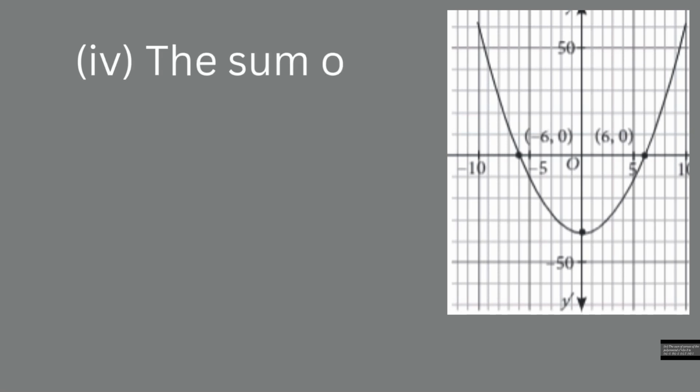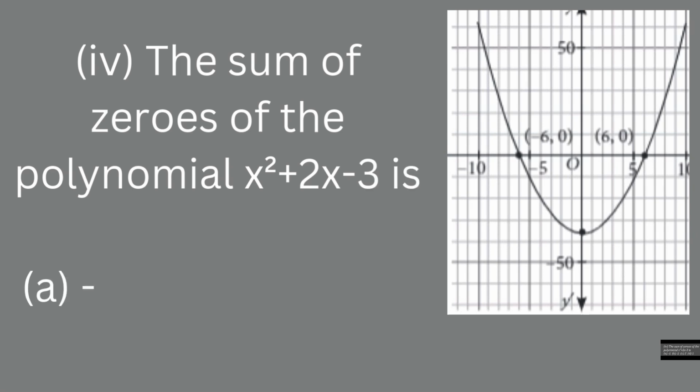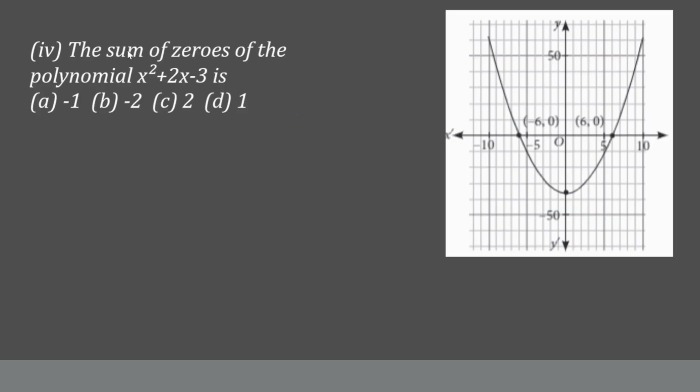In the fourth part, the question says the sum of the zeros of the polynomial x square plus 2x minus 3 is, and these are the following options. Now, in order to find the sum of the zeros of this polynomial, we can first write down the coefficients: coefficient of x square, which is a, that is 1 in this case; b, which is the coefficient of x, which is 2; and c, the constant term, is -3.